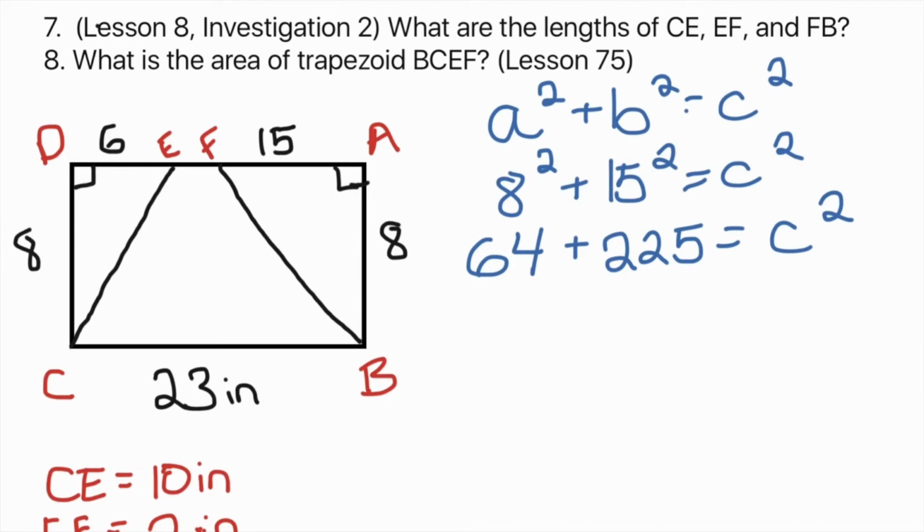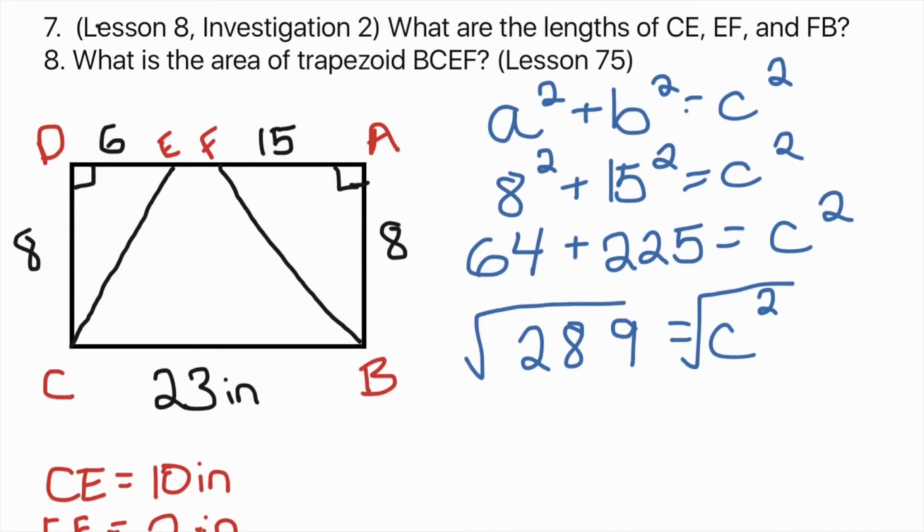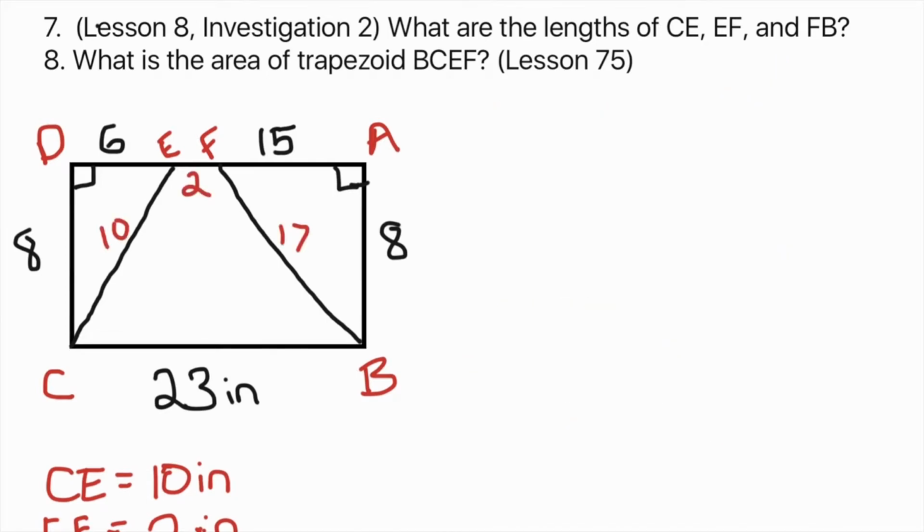And then 64 plus 225 is going to give us 289. That equals c squared. And then to undo that square on the c, we have to take the square root of both sides. So we'll take the square root of c squared and then the square root of 289. So c equals 17. So 17 inches.